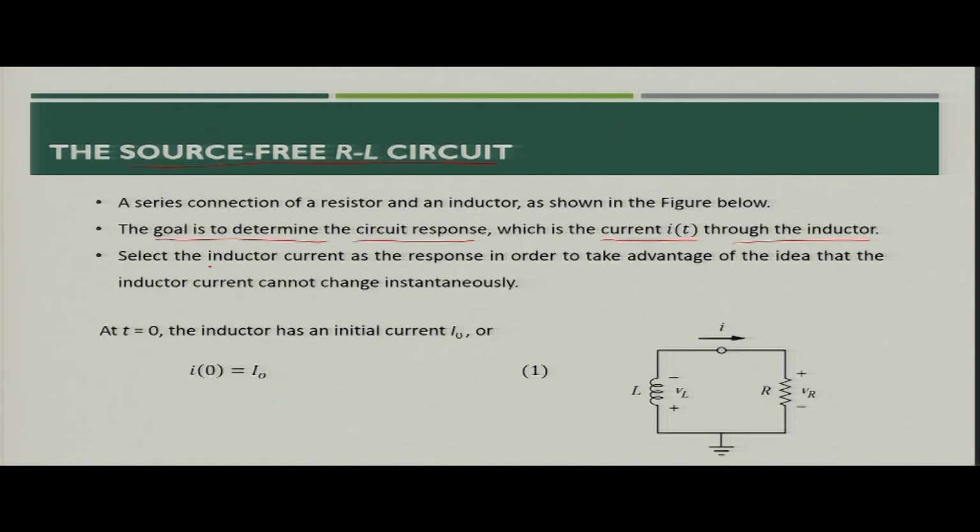Now, we have selected the inductor current as the response because we know that the current through an inductor cannot change instantaneously. Similar to the RC circuit, where the capacitor voltage cannot change abruptly, here the inductor current cannot change instantaneously.